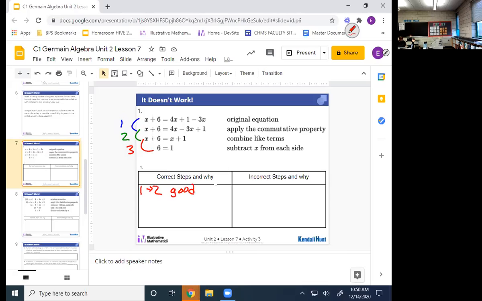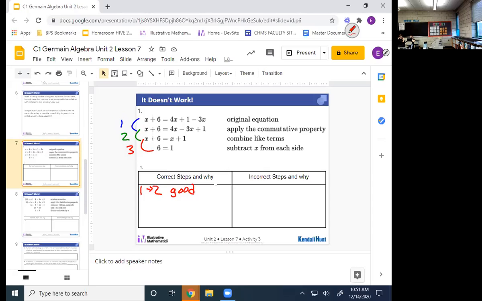Now, when I'm looking at 2 and 3, so step number 2, what did we think about that one? Did you do the right thing? Did he maintain equity? Well, what did he do? He combined like terms. Does combining like terms maintain equity? It does.